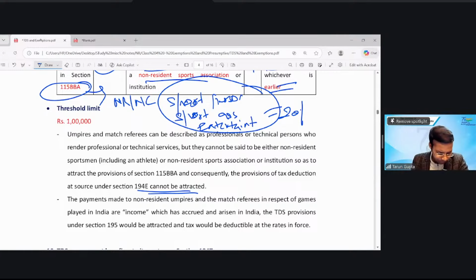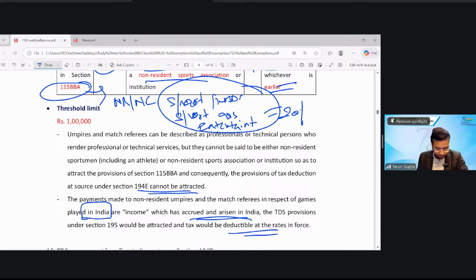Clear? The payment made to a non-resident umpire or match referee in respect of games played in India has accrued or arisen in India, because the games were played in India. The TDS provision under section 195 will be attracted and tax will be deductible at the rates in force.